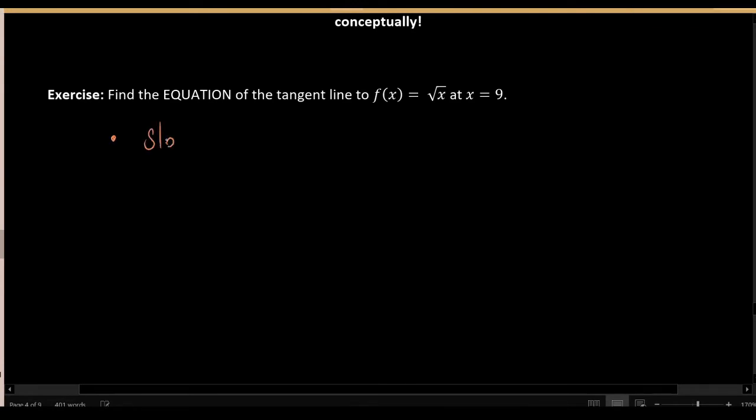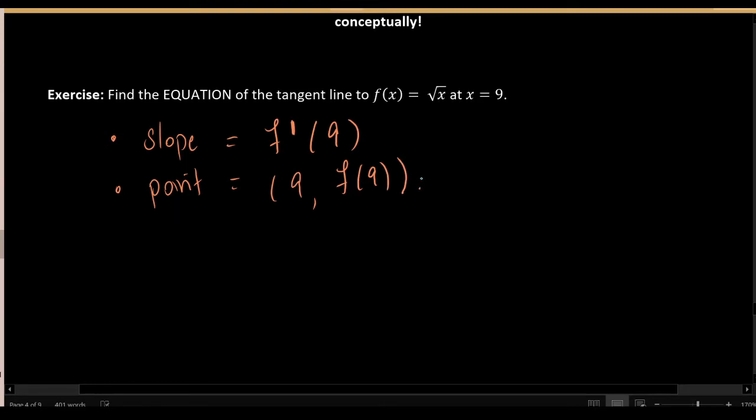You're going to need the slope of the tangent line, which is equal to the output of the derivative at the given x value. You're also going to need a point on the line, which is given by x equals 9, and y equals the output of the original function at 9.